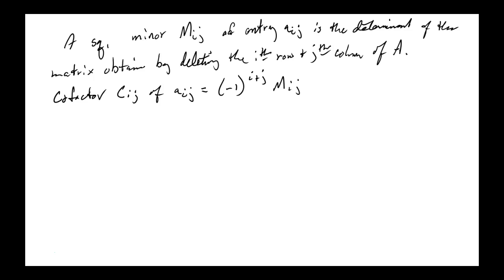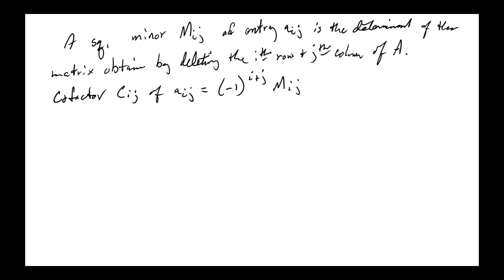The cofactor is whatever that determinant is multiplied either by plus 1 or minus 1. Because you see, minus 1 raised to, in the example I just gave, 4 and 5 are 9, that's an odd number, minus 1 to an odd power is a minus 1. If that had been the third and fifth entry, then that would have been an even power, and minus 1 to an even power is a plus 1.